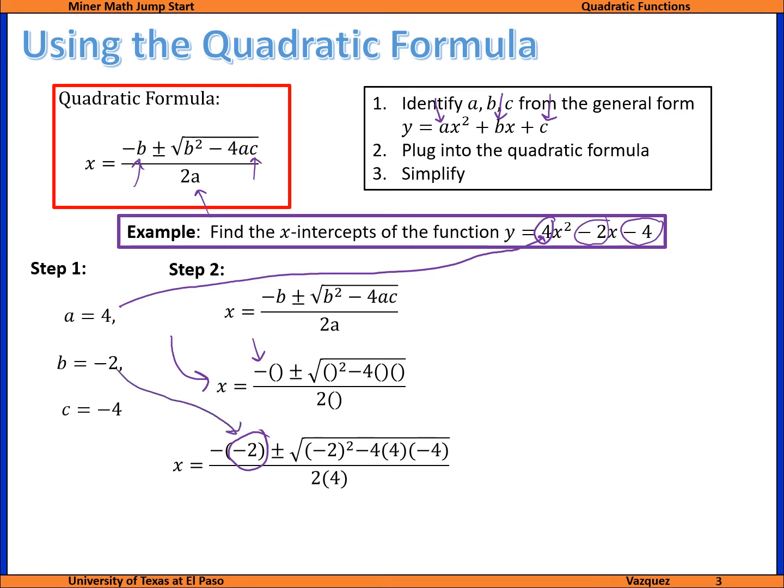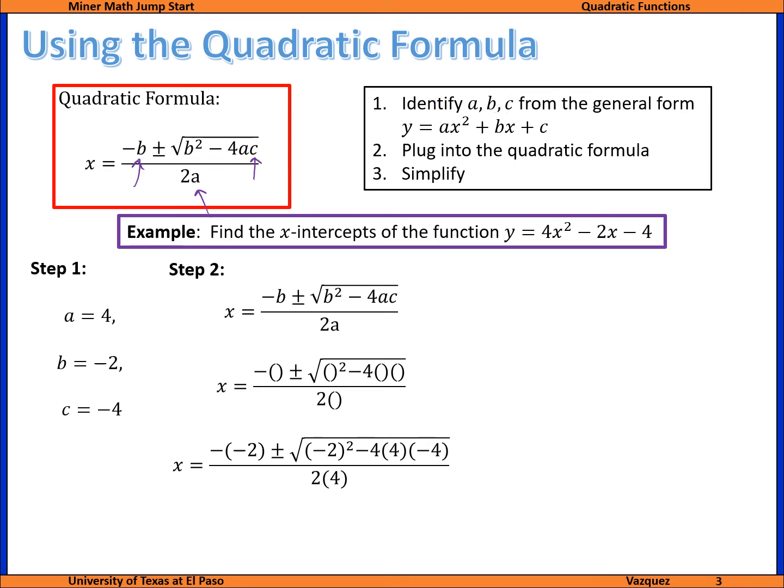Students get confused. They see this negative right here and think, oh, I don't need to include the negative anymore because it's already there. That's not the case. We still have to include it. That's why the skeleton is useful a lot of the time. So, let me go ahead and clean this up a bit.